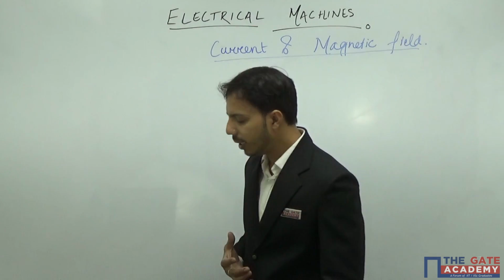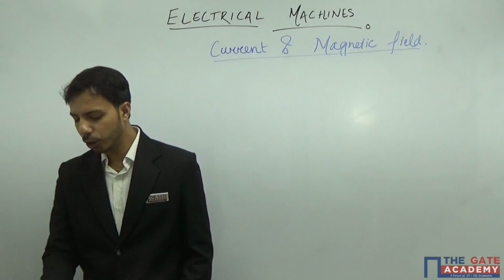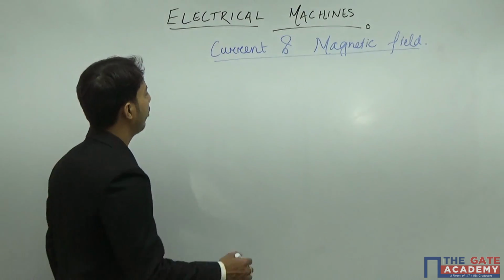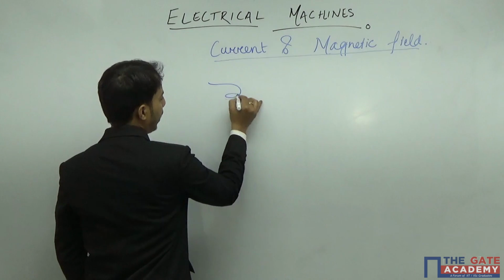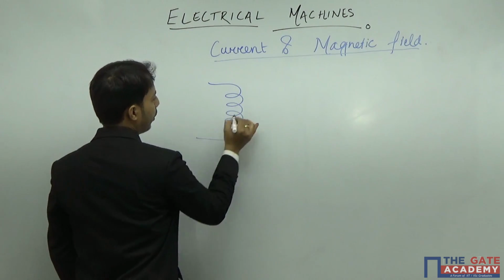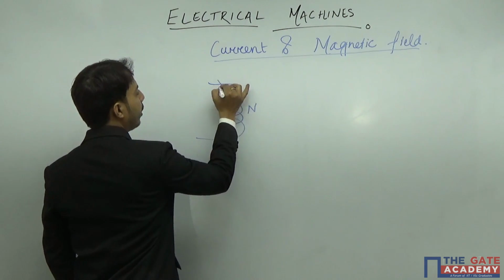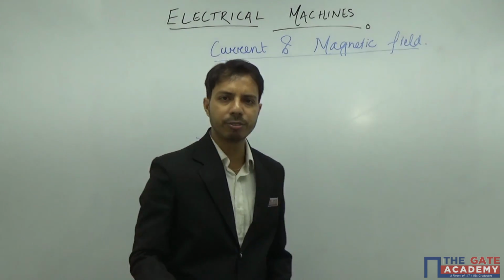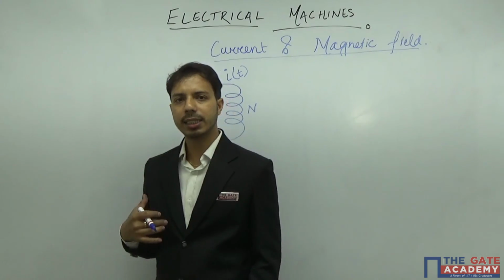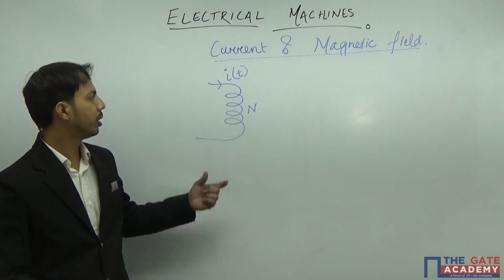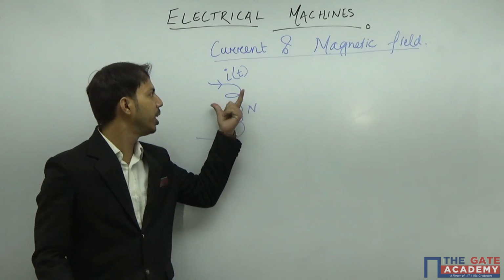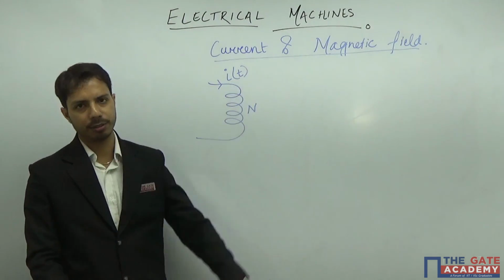If I have a coil with N turns, and current i(t) is flowing, and this i is changing with respect to time, then the inductance of this particular coil will oppose the change in this current.